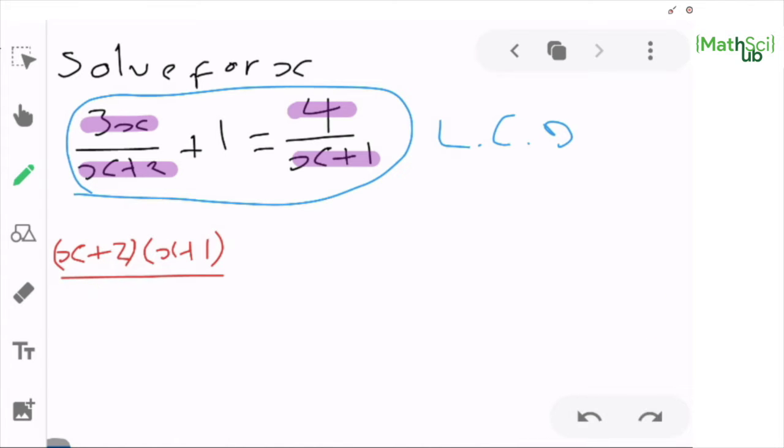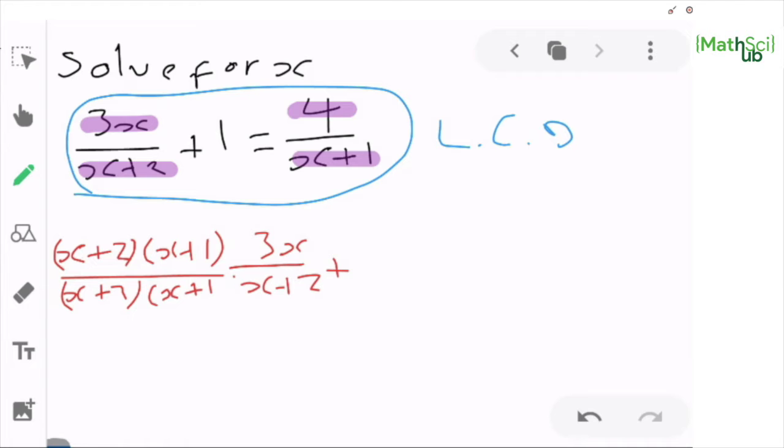What you do on top, you do also at the bottom, meaning we are going to do the same here, which is x plus 2, x plus 1, multiplied by 3x over x plus 2, plus this side here.